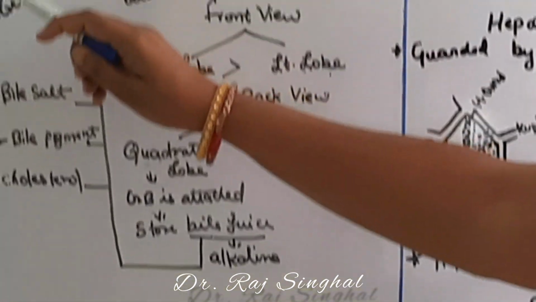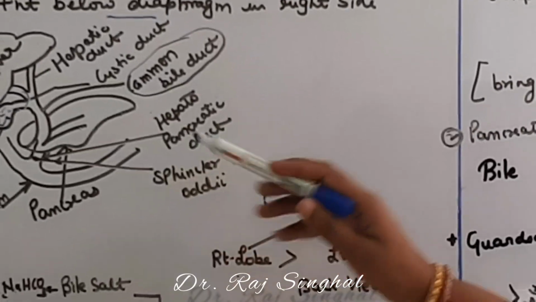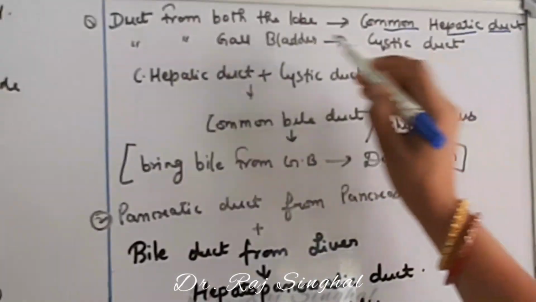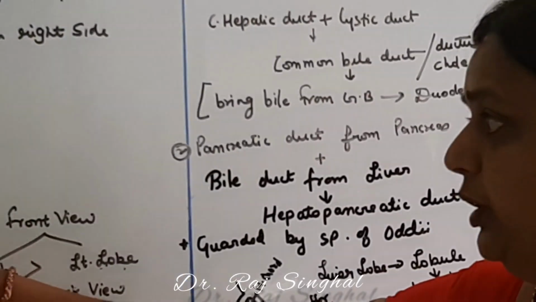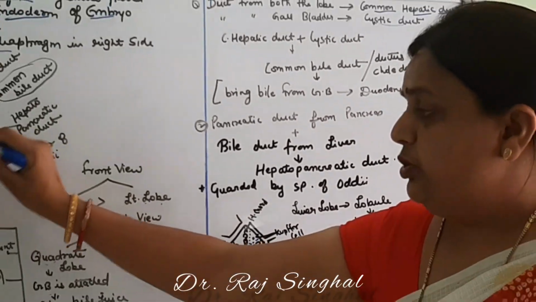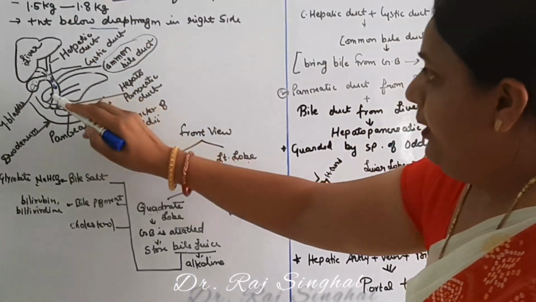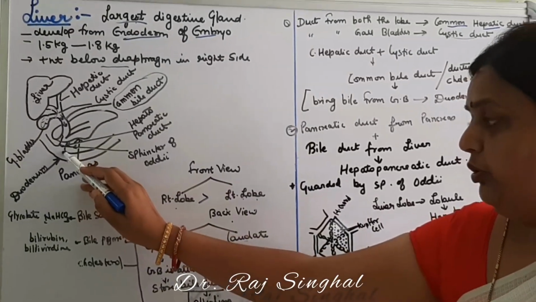The ducts which arise from the liver form the common hepatic duct. The duct which arises from the gallbladder is the cystic duct. Later on, both the cystic duct and the hepatic duct join to form the common bile duct, which carries the bile secretion to the duodenum.